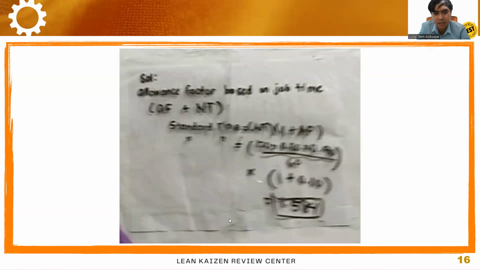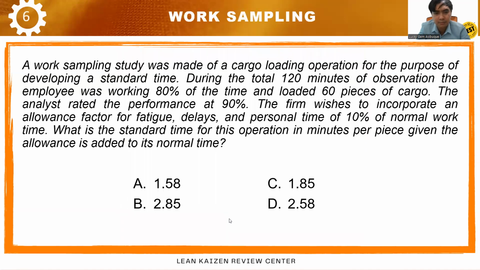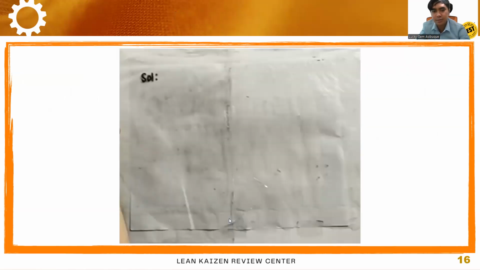Okay, so let's check if that is correct. 1.58, or letter A, 1.58. Okay, so correct. So letter A is the answer. 1.58 is the standard time for this operation in minutes per piece. Okay, so next problem.